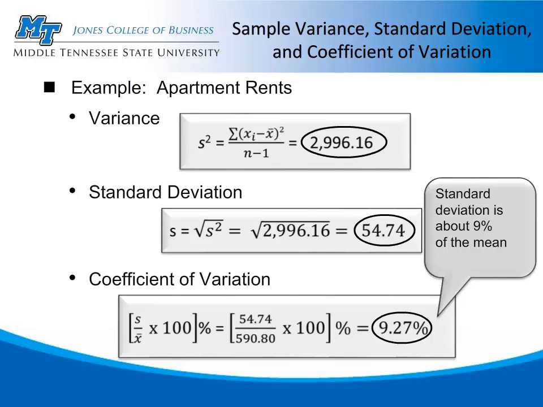Then for the coefficient of variation, you take the standard deviation and divide it by the mean. The mean of the data set was 590.8. So the standard deviation is a little bit more than 9% the size of the mean. But that's a unitless measure, so you can compare it to another data set even though the units aren't the same.